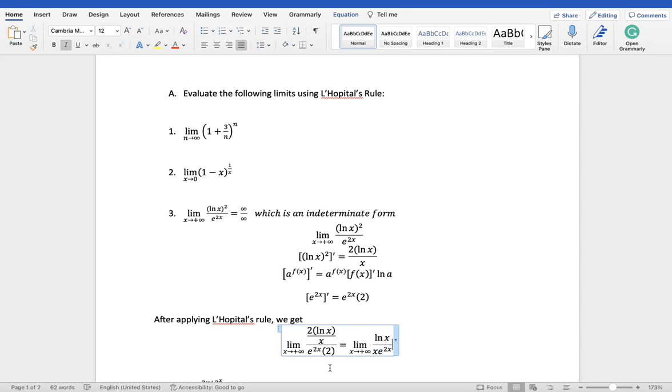And again, when we substitute in the value of x here, we have again infinity in the numerator divided by infinity in the denominator, which is giving us the indeterminate form again.